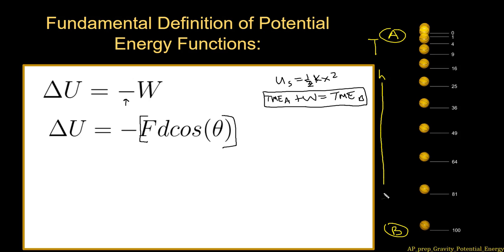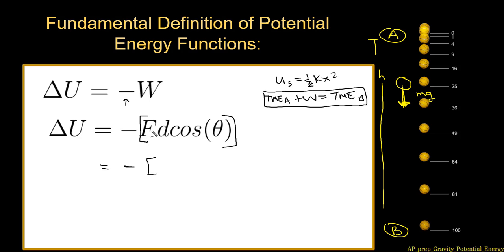Remember, work fundamentally has to do with forces, so draw a force diagram. The force on that basketball is mg. So the change in stored energy going from A to B is going to be negative.